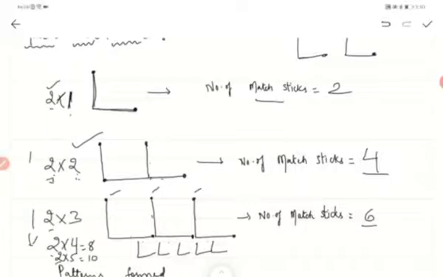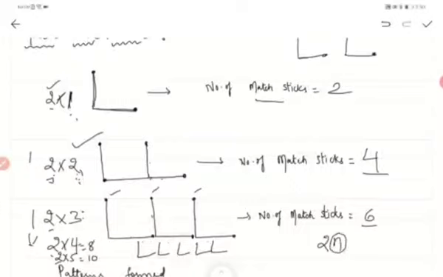Now the number of L's is increasing: 1, 2, 3, 4, 5, 6 and so on. So how many matchsticks do you need to make different numbers of L's? In common, I will take 2n, isn't it? I can write this. So this n is called the variable.